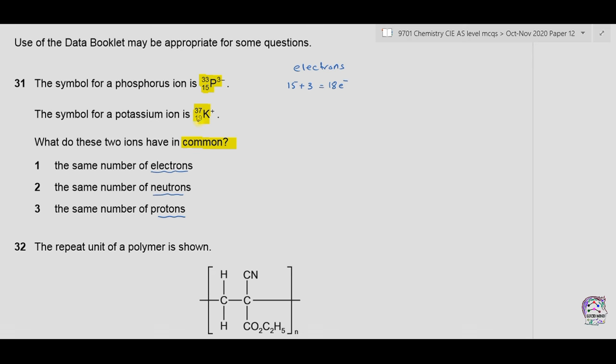In potassium, we can see that we had 19 protons, so there were 19 electrons and 1 electron is lost as the charge is positive. So number of electrons left is also 18. So 1 is correct. 2 is the number of neutrons.